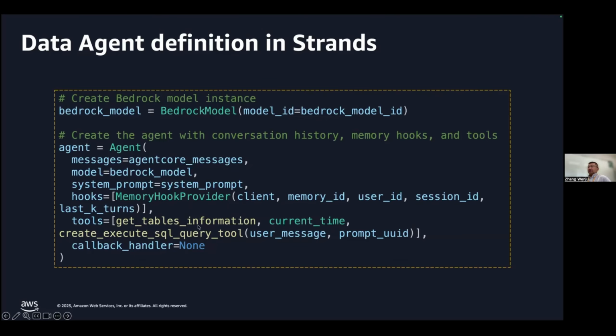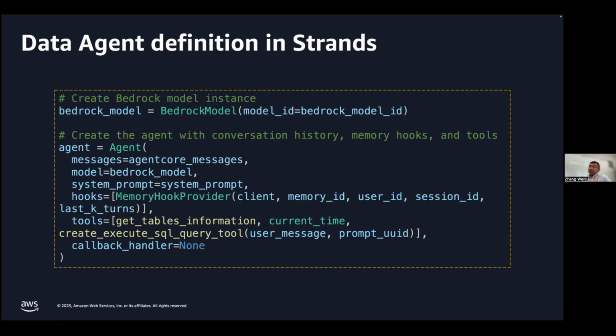The first one is get tables information. So the agent can get the table information by itself. And another one is the current time. The agent can get the time in real time. The third one is execute the SQL query against the data sources.